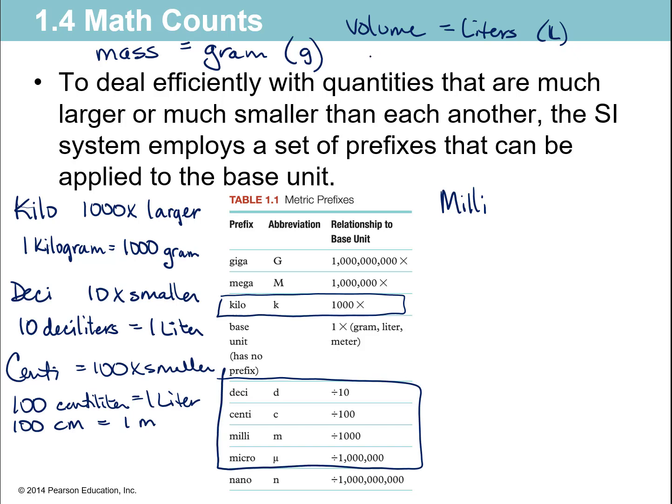But if I'm talking about length, the base unit is the meter, and they use a little m. So this sometimes throws people because milli is a little m as well. Okay? So a prefix has a little m, but then your unit of measurement can have a little m as well. Milli means that it's 1,000 times smaller, like the millennium, 1,000 years.